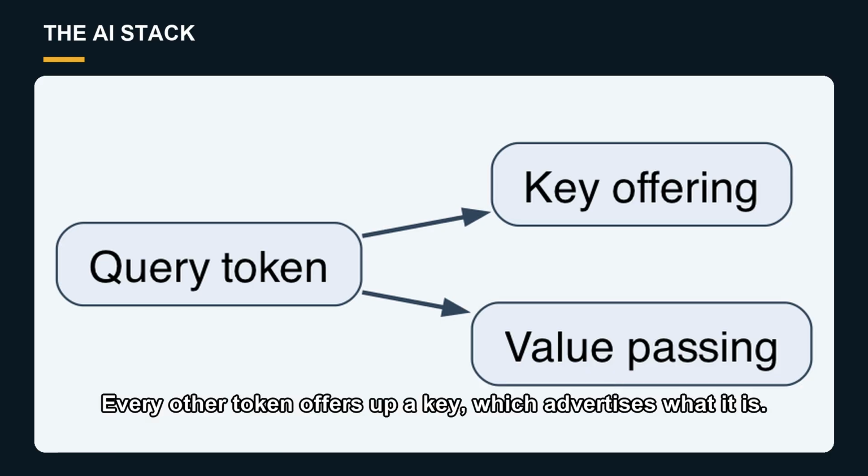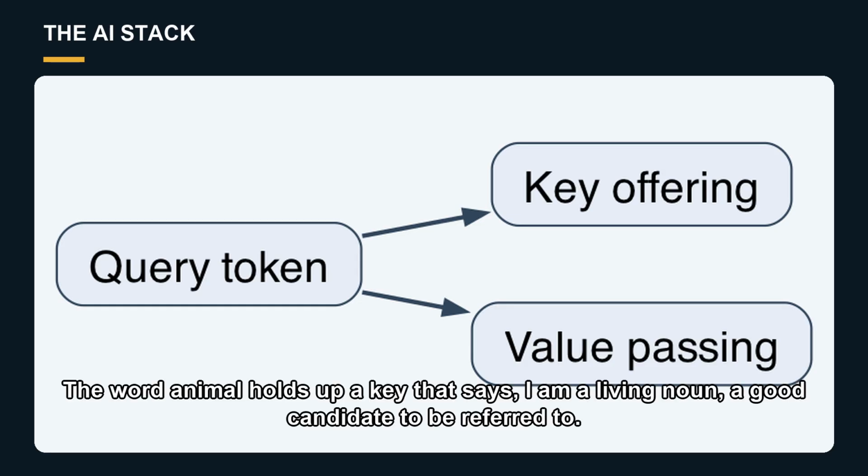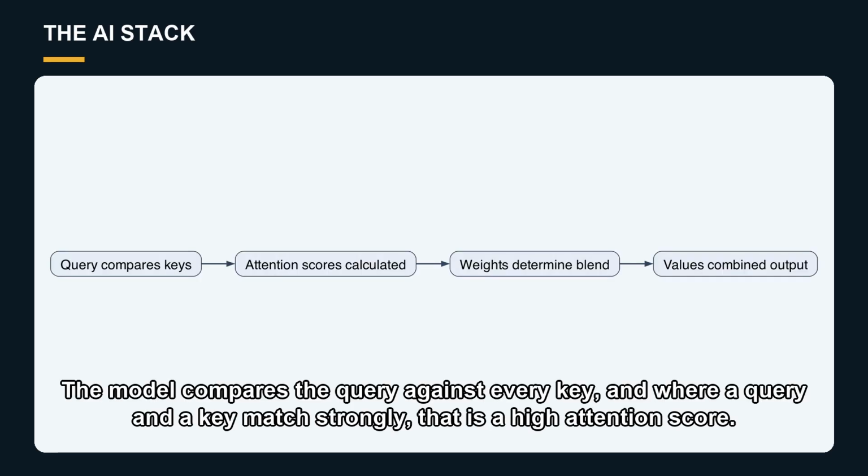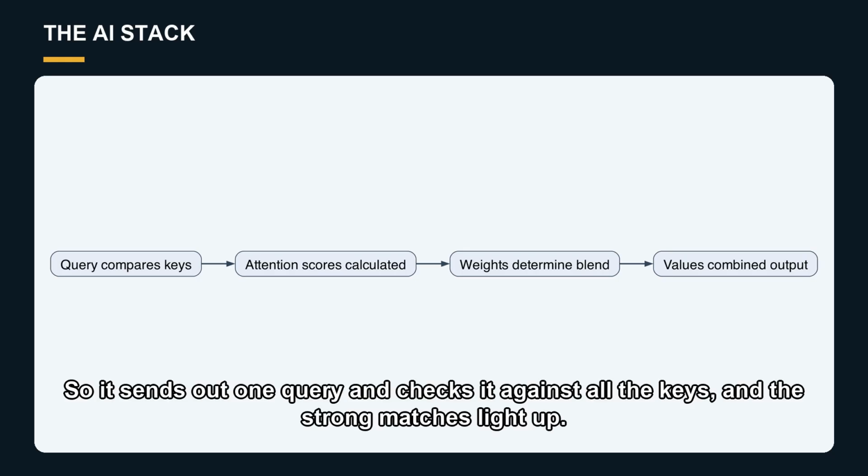Every other token offers up a key, which advertises what it is. The word animal holds up a key that says, I am a living noun, a good candidate to be referred to. The model compares the query against every key, and where a query and a key match strongly, that is a high attention score. So it sends out one query and checks it against all the keys, and the strong matches light up.